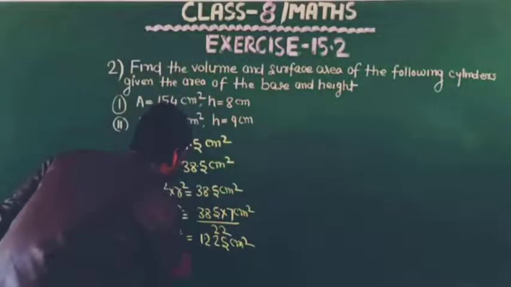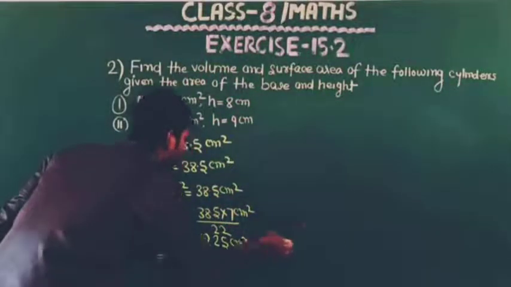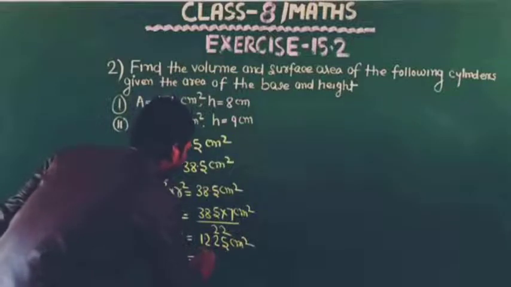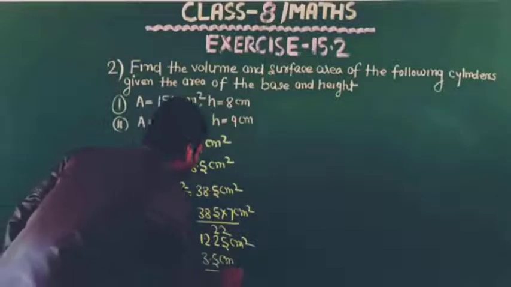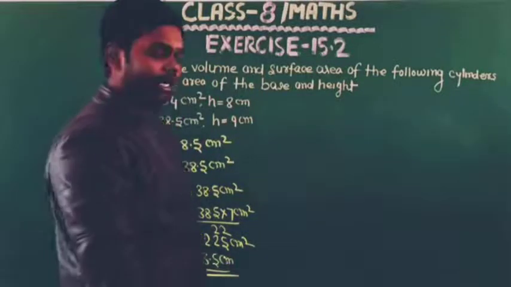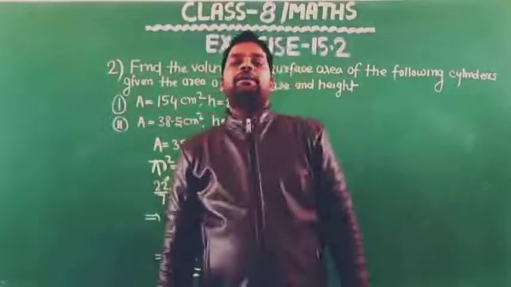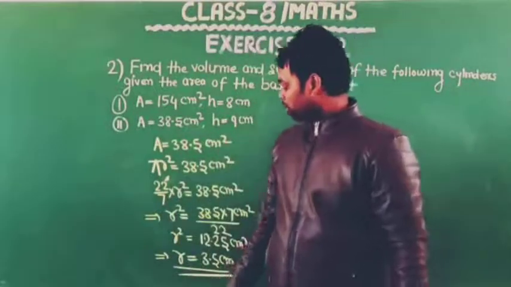Further simplification gives the value of r, which is equal to 3.5 centimeter. This is the radius r of the circular base.